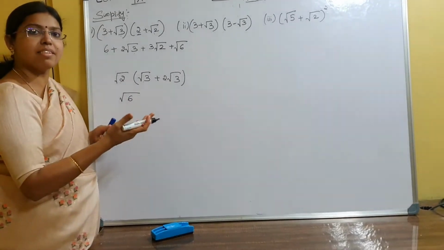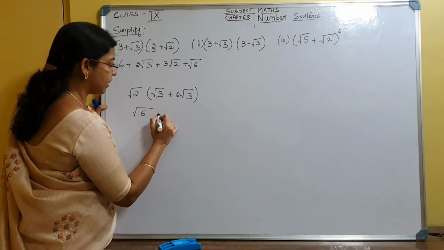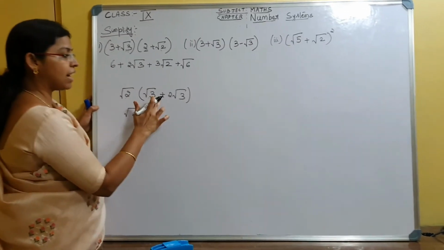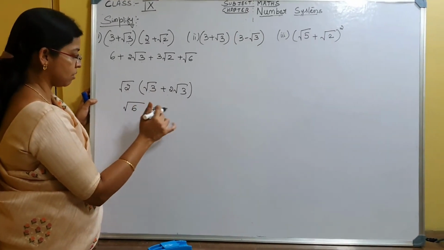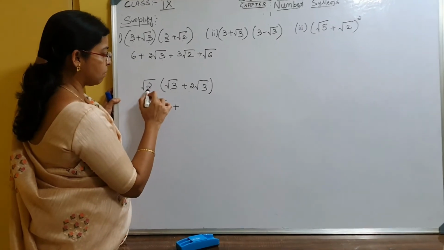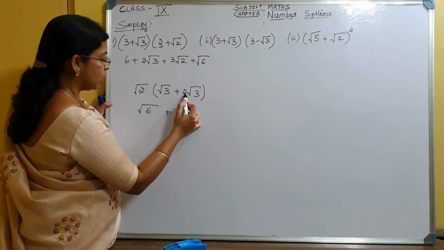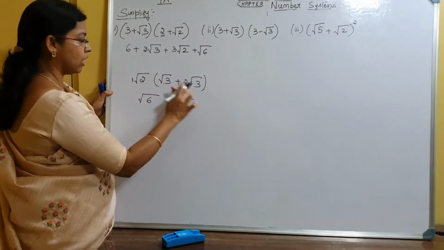So same as rational numbers, for multiplication, unlike terms can also be multiplied. Only for addition and subtraction, unlike terms cannot be added or subtracted. But for multiplication, we can multiply the numbers inside the root. Here 2 into 1 is 2, and within the root 3 into 2, 6.